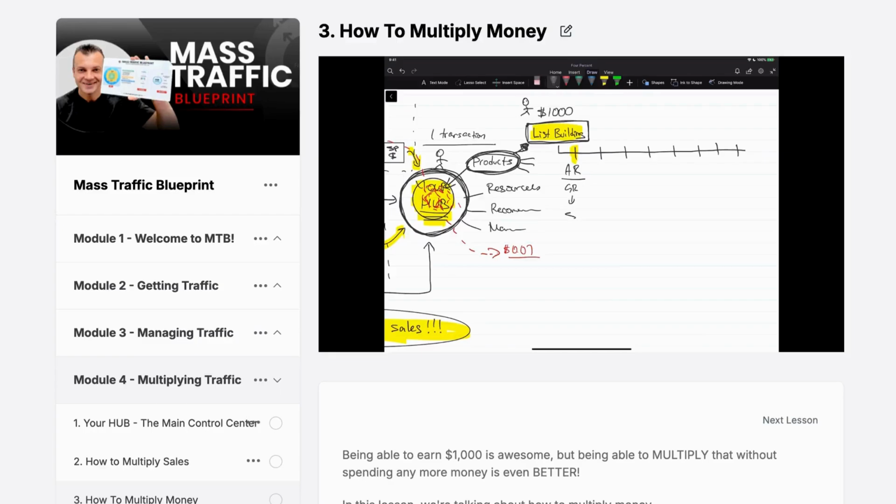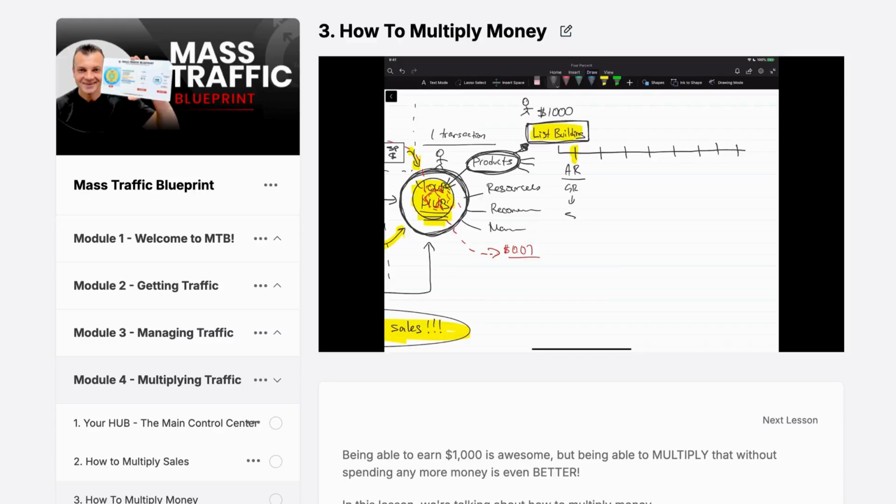That's mind-blowing stuff. So this, my friend, is how we are able to acquire visitors following the stuff I mentioned earlier, I think in module 2, where we talked about getting traffic. The whole thing about traffic generation is we want to get, manage, and multiply.